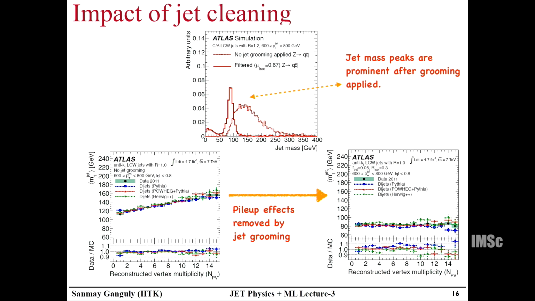When the number of reconstructed vertices went up, the amount of pileup increased, so the jet mass kept increasing because the jet was eating more and more soft chunks. But once you remove the pileup, you can see that with the increase in pileup, the jet mass became stable. So this is again a demonstration that these grooming and filtering methods tend to work quite well.